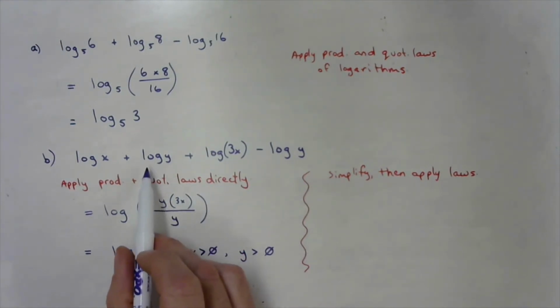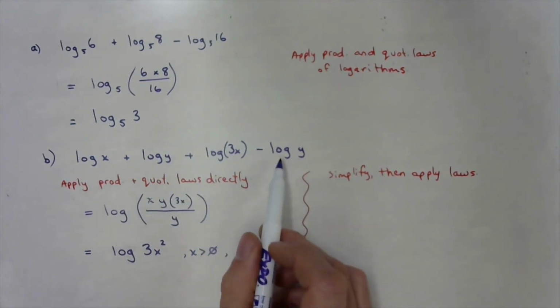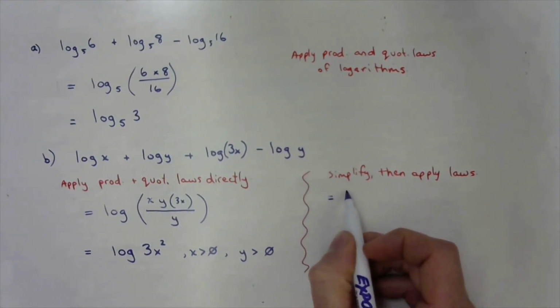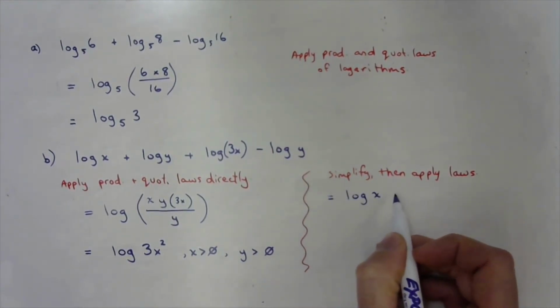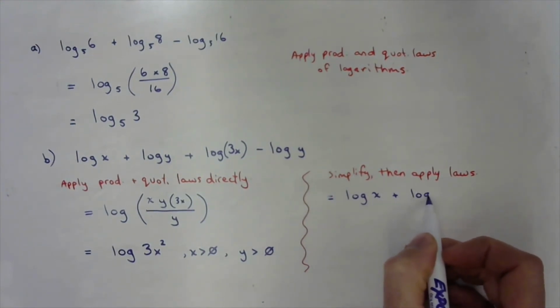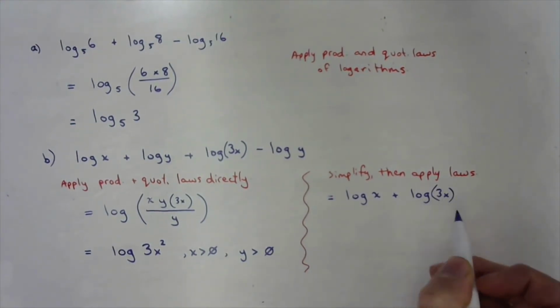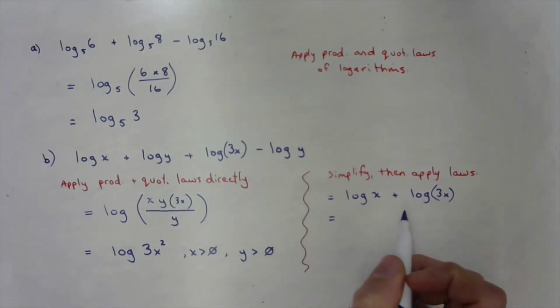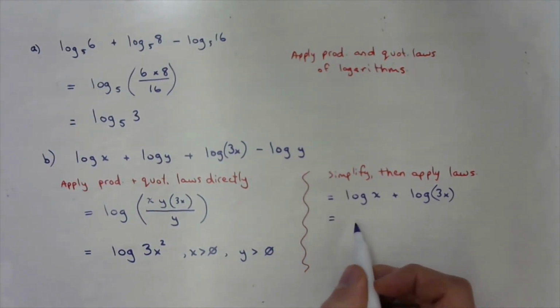So we're going to let log y, positive log y, eliminate negative log y, rewrite what we have, which would then be the log of x plus the log of 3x. And from there, we just have product law now. We don't even have quotient law.